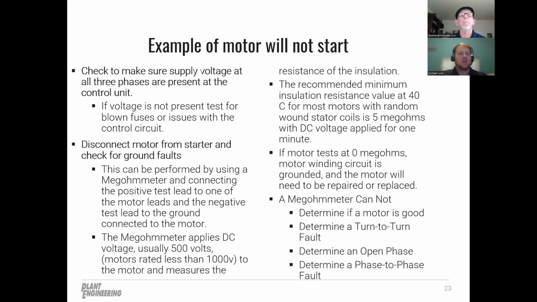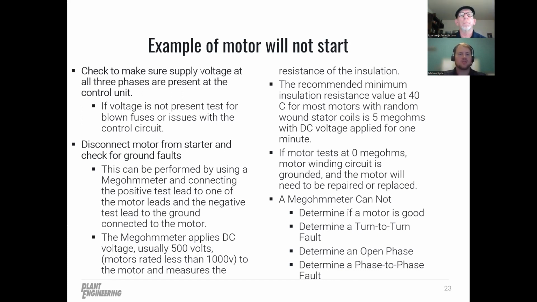The recommended minimum insulation resistance at 40 degrees C ambient for most motors, random wound stator coils, is going to be 5 megaohms, if you run the IR test for 60 seconds. If you're seeing lower readings than that 5 megaohm value, that may indicate reduced insulation conditions: contamination, deterioration from excessive heat, moisture on the windings, some of those things that we discussed earlier.